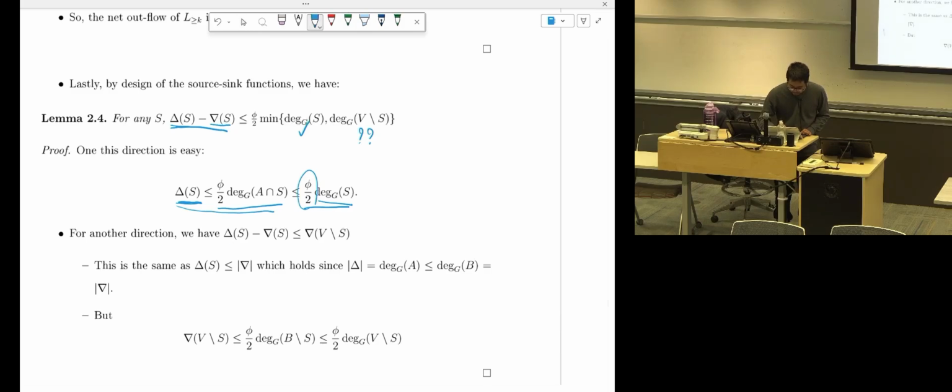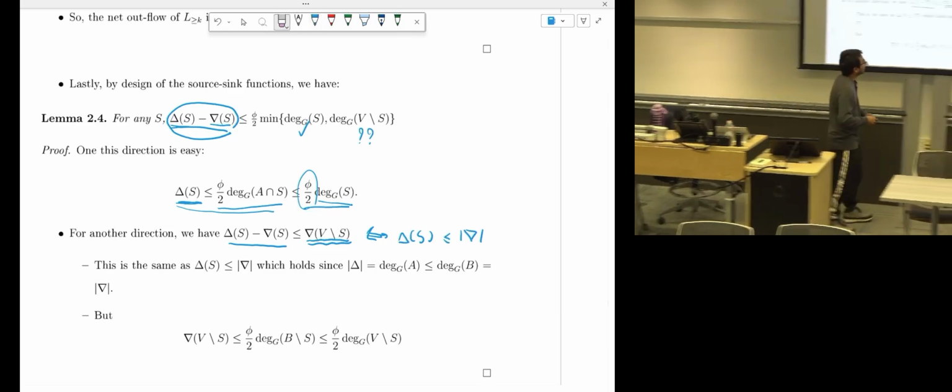I want to say that this whole thing is at most this much, the sink from the other side. Why is that the case? Because this is true if and only if this is the case. It's at most the total sink, because I just move it to this side.